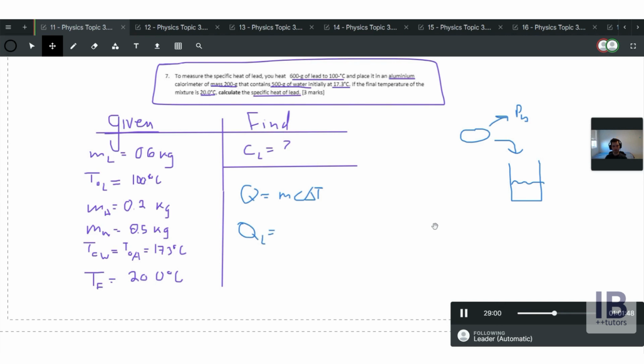And what we're trying to find is the C. Okay. That would be equal to the amount of energy you need for the mass of the water, which is 0.5 kilograms, to change 2.7, right? Because 20 minus 17.3.